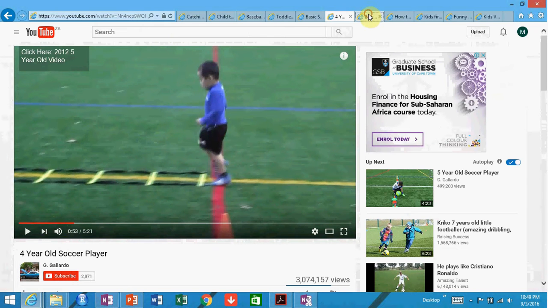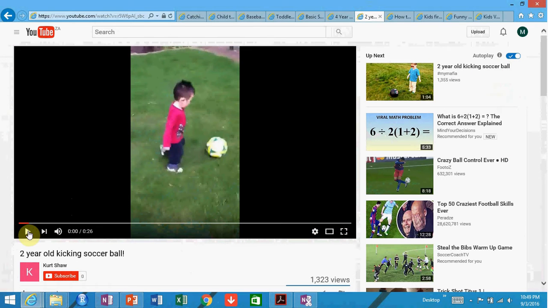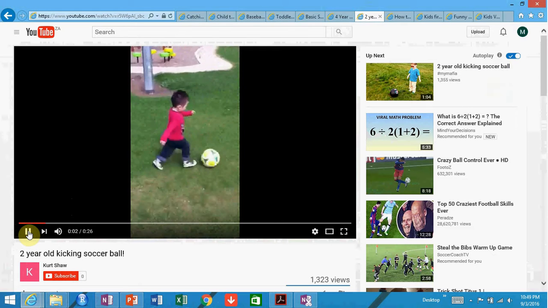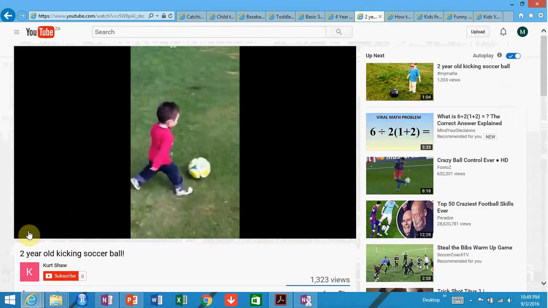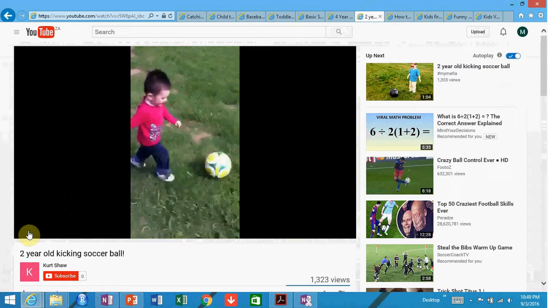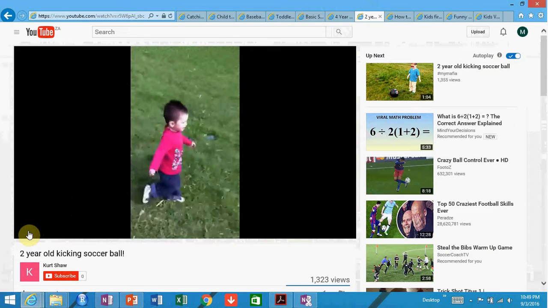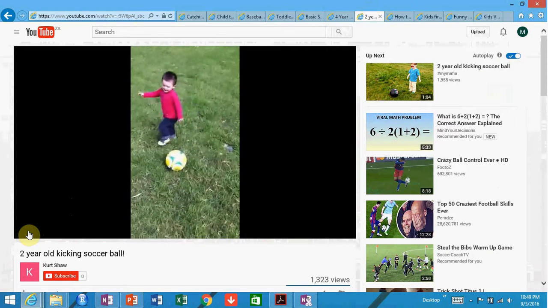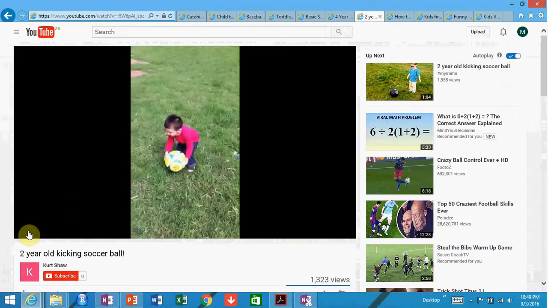Okay, so let's have a look here. I think this one's more kicking or dribbling. Well, dribbling in this case. So how would you analyze that?